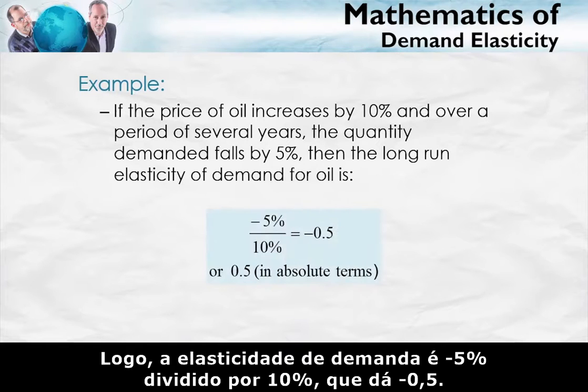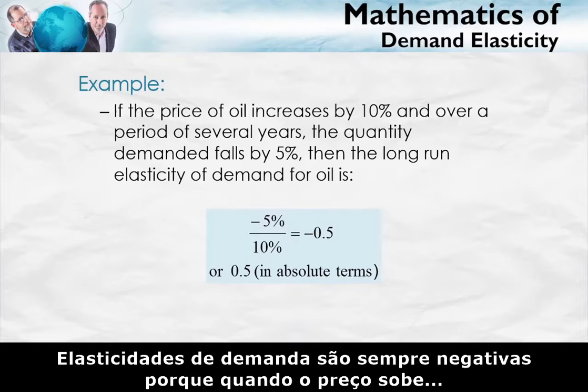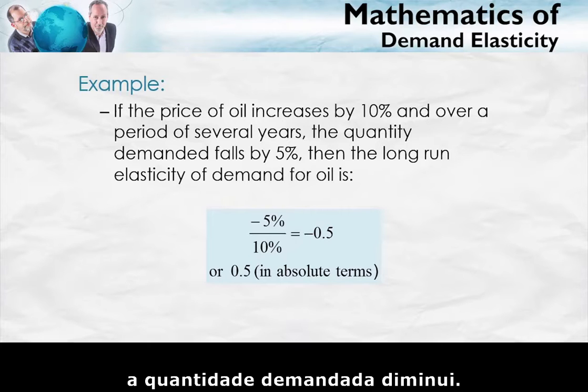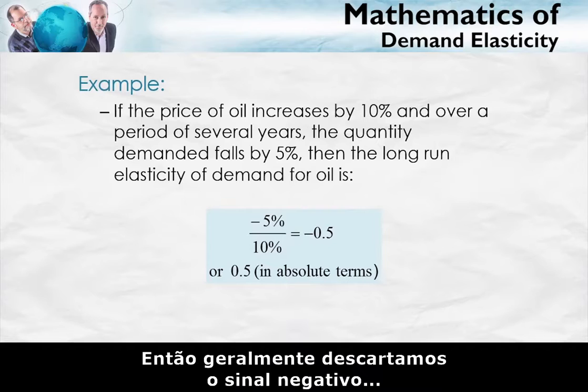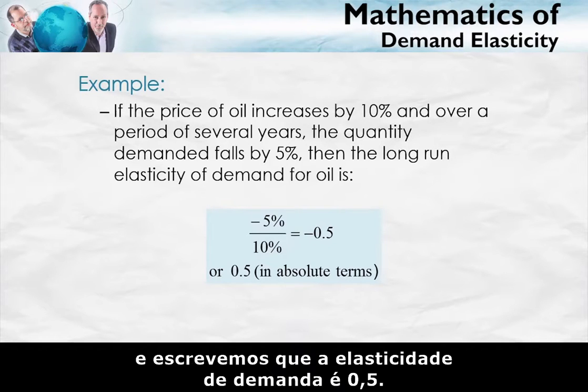So the elasticity of demand is minus 5% divided by 10%, or negative 0.5. Elasticities of demand are always negative because when price goes up, the quantity demanded goes down, and when price goes down, the quantity demanded goes up. So we often drop the negative sign and write that the elasticity of demand is 0.5.